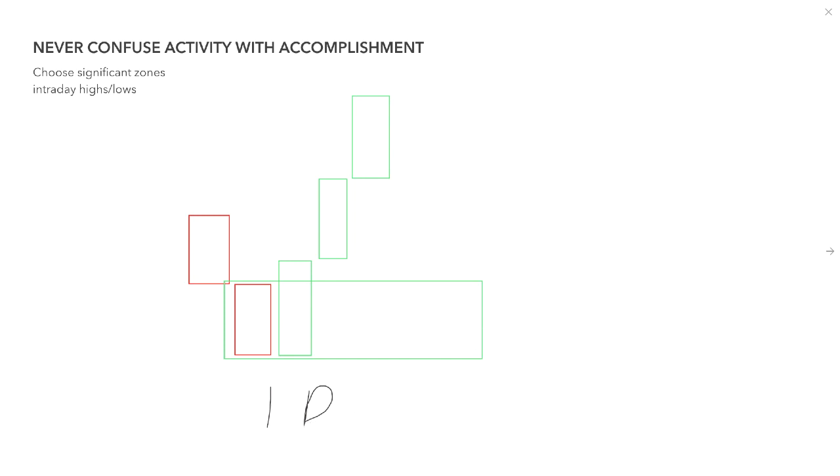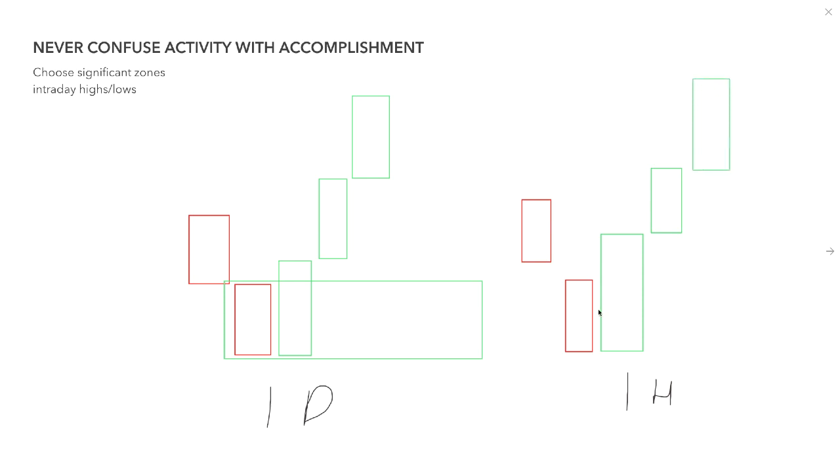Now, if you get something similar to this on, for example, a 1 hour time frame chart, where you've got a move down, and then there, there, there, and that obviously is demand. Something similar, it doesn't necessarily have to be the same.